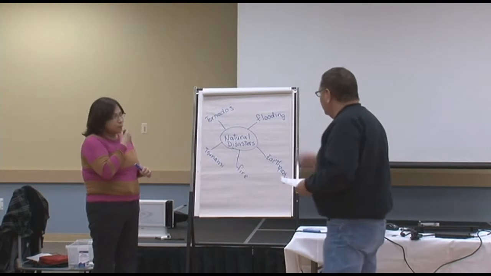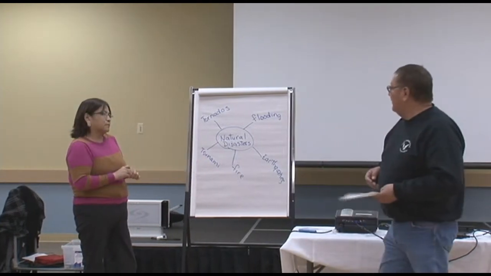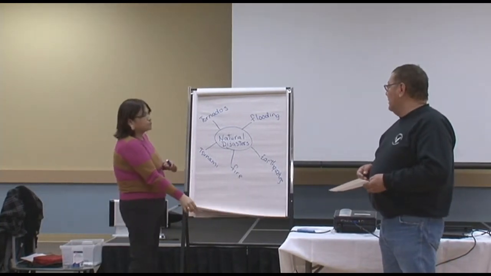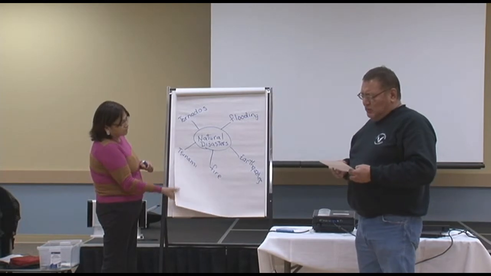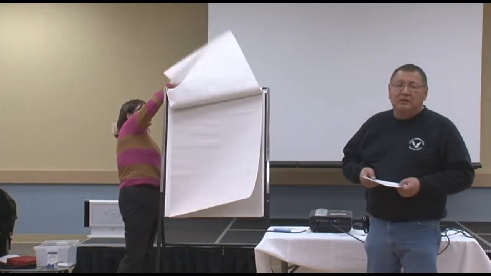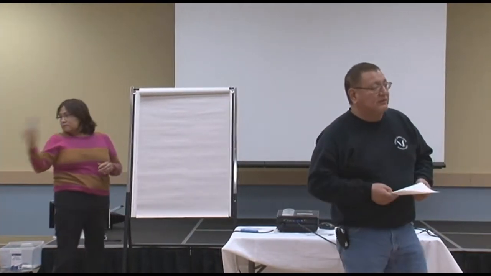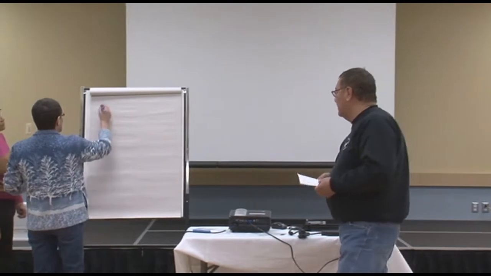All right, so now we're going to break this down into a fishbone, and we're going to look at what they are and what they do, getting ideas from yourself. What are some examples? What havoc do they create?